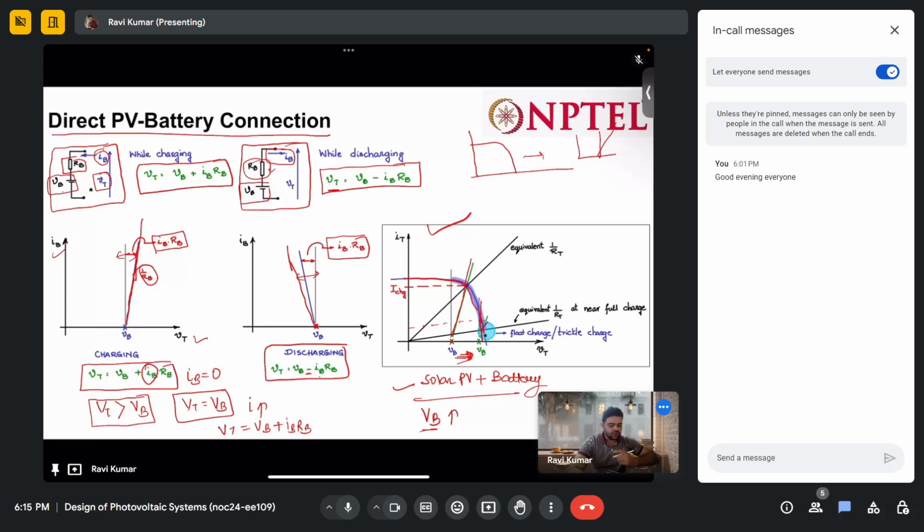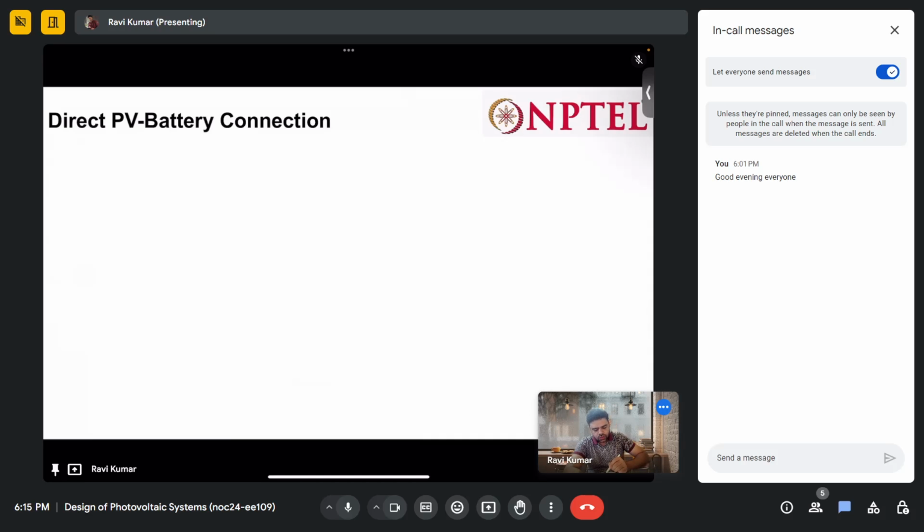But see, what are the constraints here? We will see in the next slide what the constraints are. So let us understand one example, which is an example of direct PV battery connection. We are considering a lead acid battery with 12 volt nominal, 20 ampere hour capacity, and C10 is the charging rate or discharging rate.